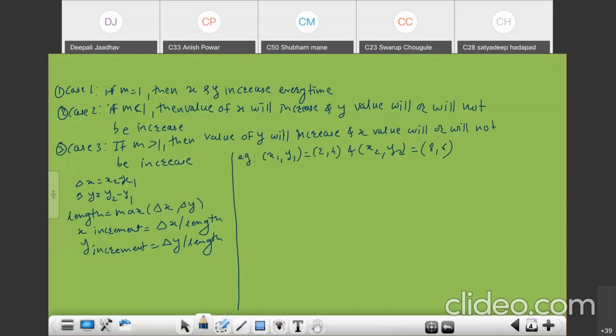Calculate first delta x: x2 minus x1, 8 minus 2, 6. Delta y: y2 minus y1, 6 minus 4, 2. Which is greater here? 6 is greater, that is our length. So length is equal to 6.